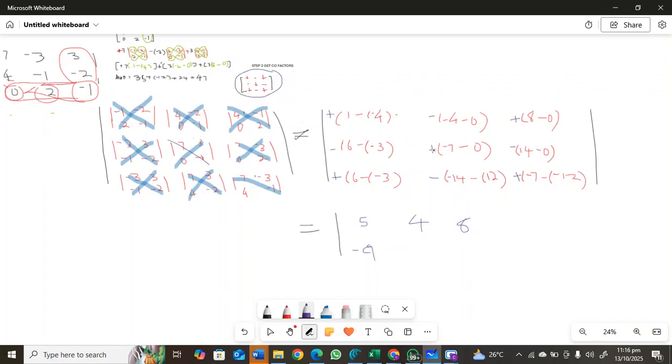Now, since there's a positive, positive and negative make negative. So we remain with negative 7. 14 minus 0, 14. So since there's a minus sign outside, you put negative 14 here.